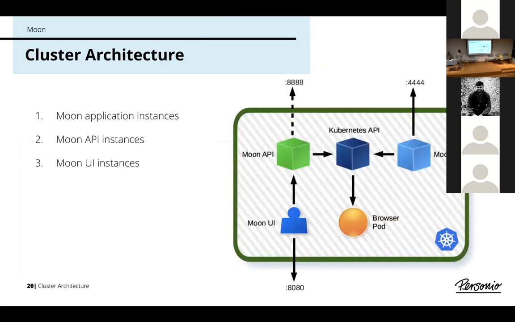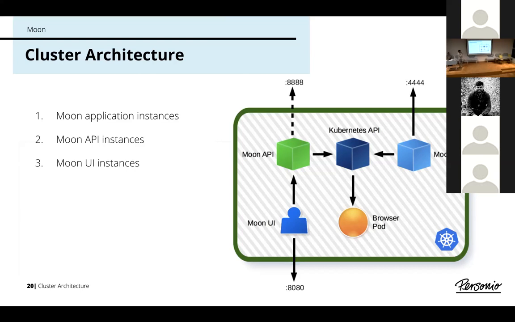So this is the cluster architecture for Moon, and you can see that there are different instances like Moon API and Moon UI. So it can have one or more instances of Moon, or one or more instances of Moon API, and one or more instances of Moon UI. So why do I mention one or more? Because you can use the inbuilt feature of Kubernetes, I mean, you can have replicas like 2 or 3.